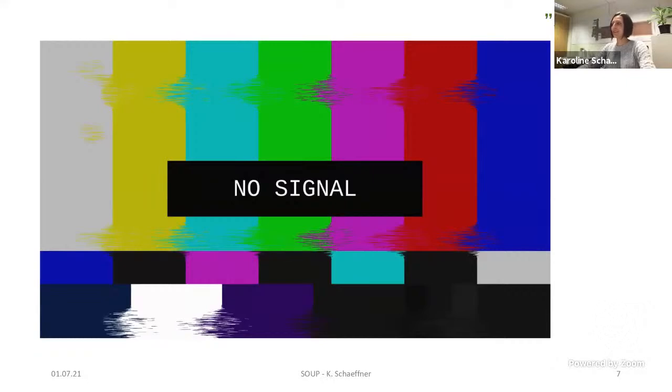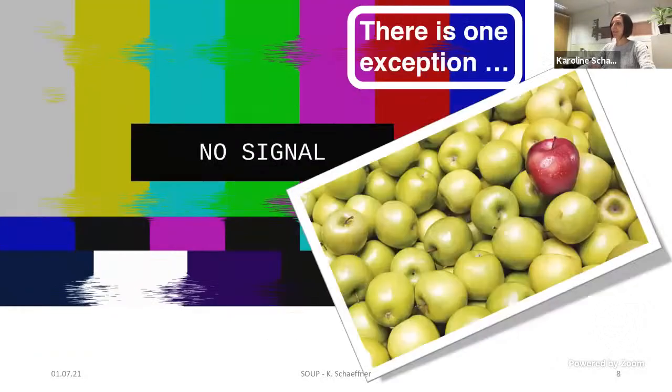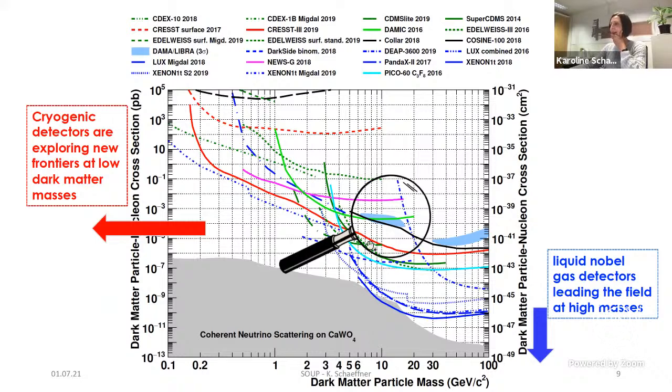As I said, there is no signal so far, apart from DAMA/LIBRA, which, if you plot their result in this standard scenario interpretation, gives you these two islands, for sodium and iodine, because it's a two-compound material. And you see there's this huge discrepancy between the null results of more or less all experiments and the DAMA/LIBRA result, which is something the dark matter community is working on clarifying.